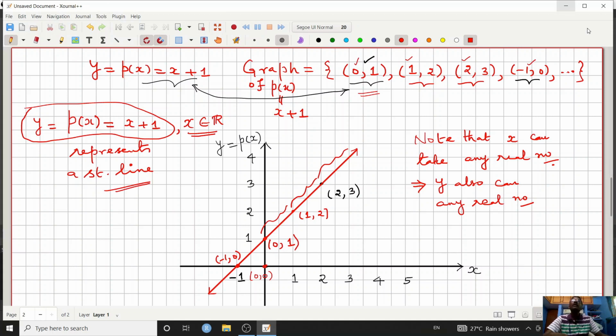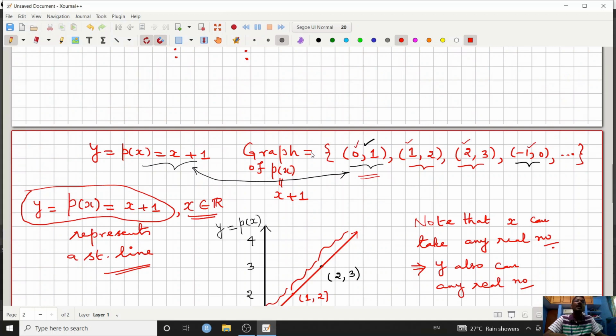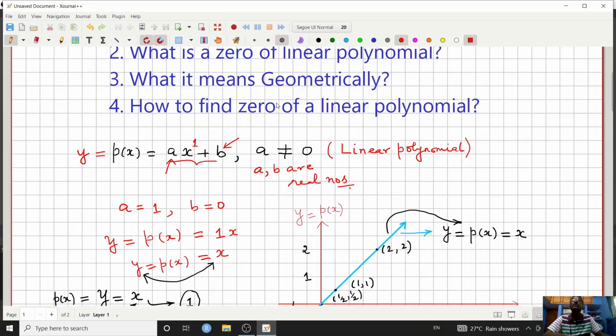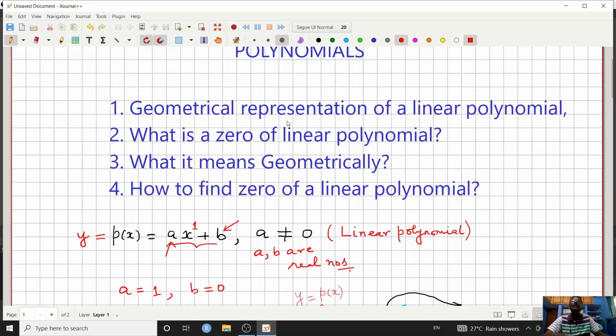So now we have answered the first question: what is the geometrical representation of a linear polynomial? Whenever you represent a linear polynomial geometrically, it will be represented by a straight line, provided x takes values in the real number system.